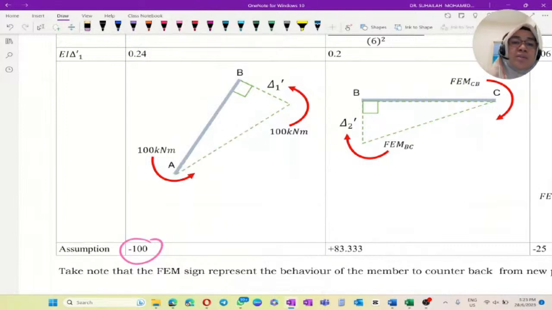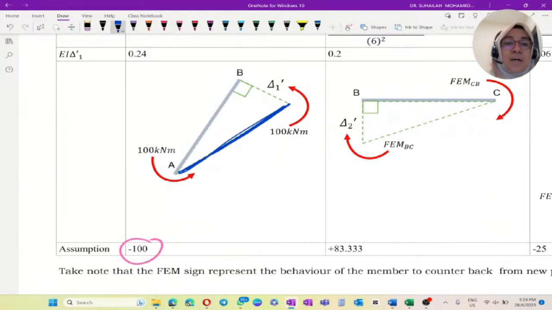The value is negative 100 because we want to push the new position of the column back to its original position, so we have to apply the moment counterclockwise. That is why it is negative.